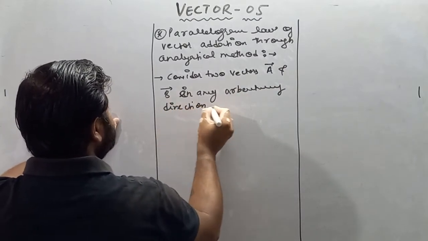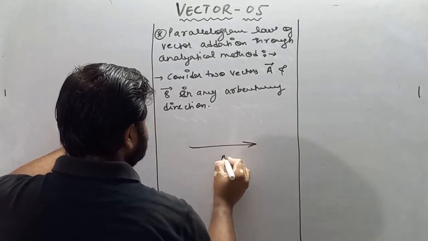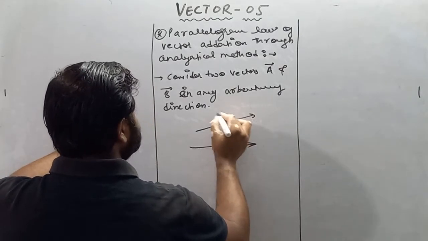So we have two vectors, my dear student. One is our A vector and the other is B vector.